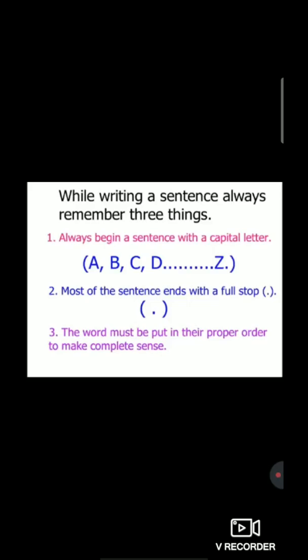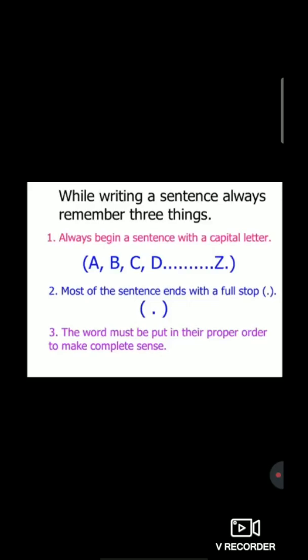The very first point, always begin a sentence with a capital letter. As you can see from A to Z, right? These letters are capital letters. So the very first point, always begin a sentence with a capital letter.